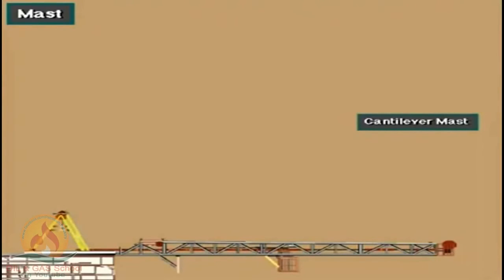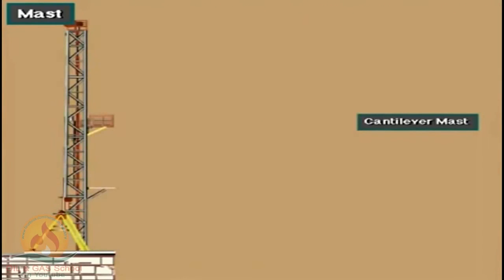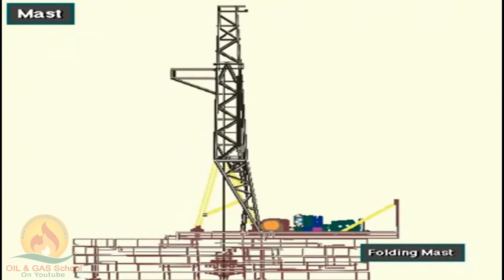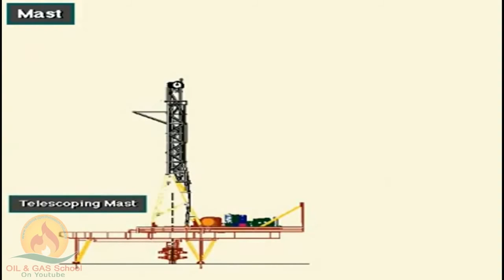A self-erecting mast may be a cantilever type, a folding type, or a telescoping type.